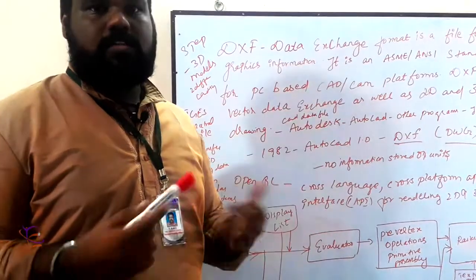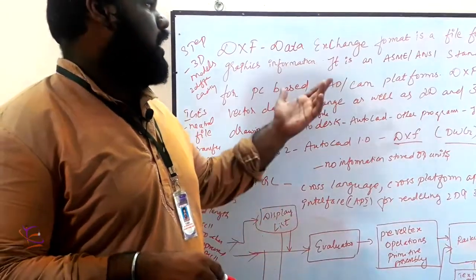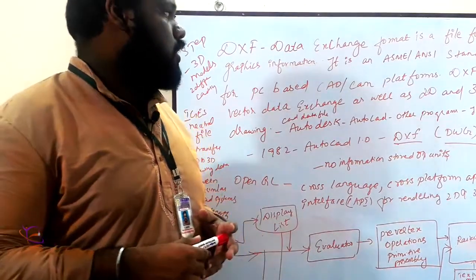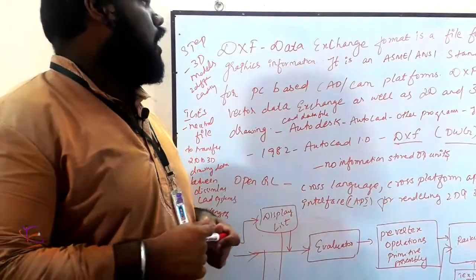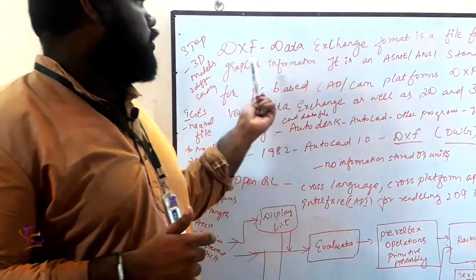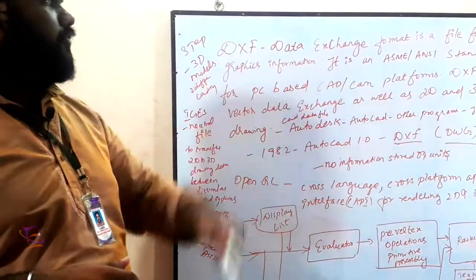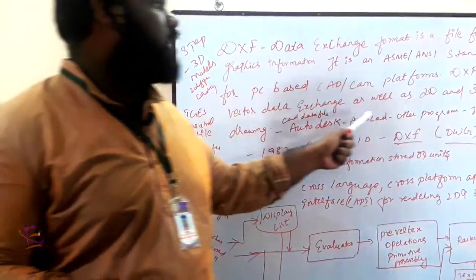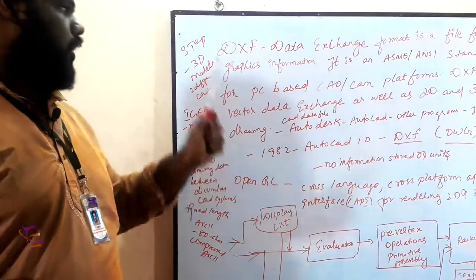CAD is computer aided design, 2D, so AutoCAD is 2D designing software, and CAM is computer aided manufacturing software. So for desktop PC based CAD/CAM platforms, we will be using data exchange format, that is DXF. Now DXF enables vector data exchange as well as 2D and 3D graphics drawing.